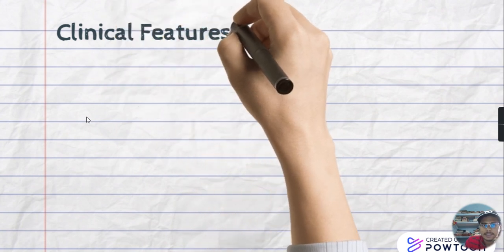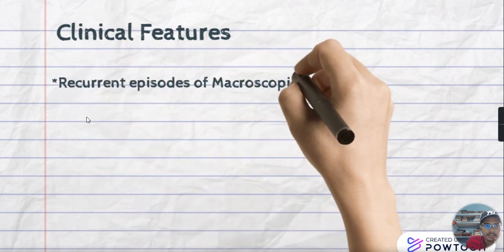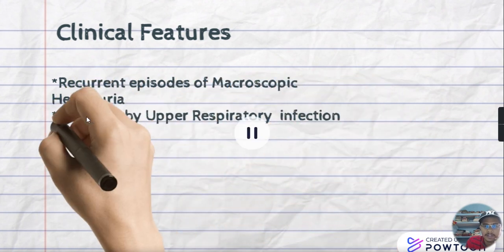Now let's move further. In the clinical features, what was the first clinical feature that we saw in the definition? We saw that IgA nephropathy is characterized by episodic hematuria. So episodic hematuria is the main clinical feature of IgA nephropathy. There are recurrent episodes of macroscopic hematuria, which are followed by upper respiratory tract infection.